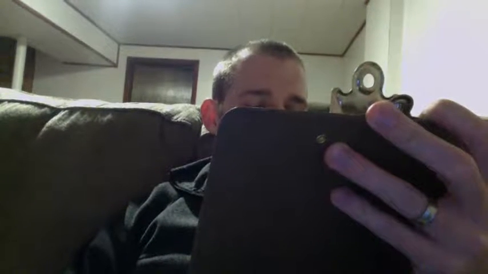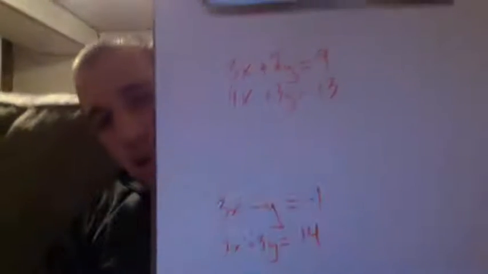I'm going to get a substitution problem up here as well. We'll go with 3x minus y equals negative 1, and 2x plus 3y equals 14. Okay, so there's a substitution and an elimination problem.